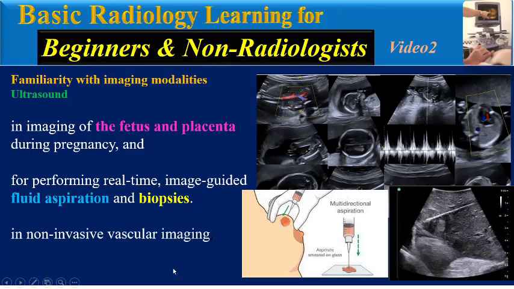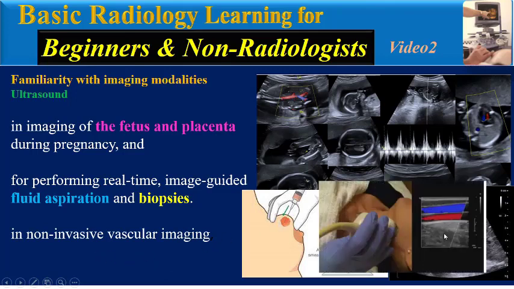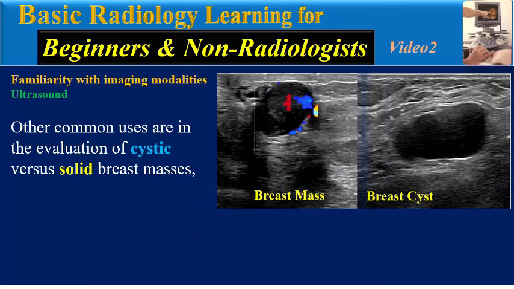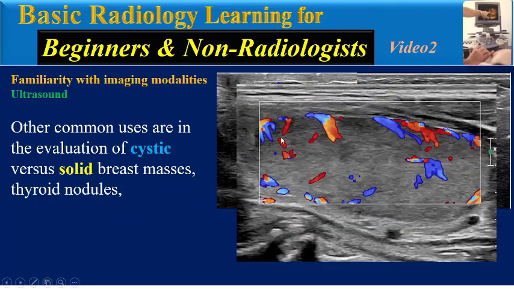Also, it can be used in non-invasive vascular imaging, famous as color Doppler ultrasound imaging. Other common uses are in the evaluation of cystic versus solid breast masses and thyroid nodules, as we can see here, a large thyroid nodule in the thyroid parenchyma.